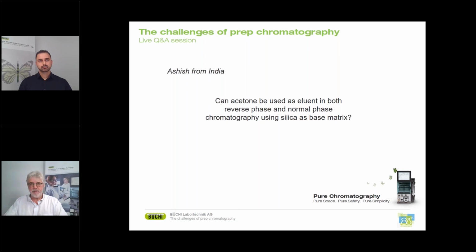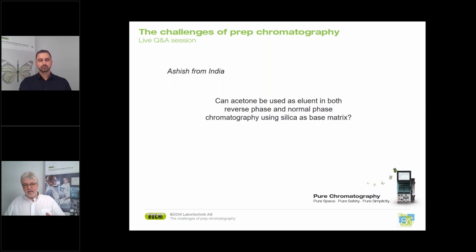I think it's around 300 nanometer or even a bit higher. Means that if you use the traditional UV detector, you will not see your compounds because everything will be masked by the absorption of the acetone. So from that perspective, I would say if you only have UV detection, acetone would be a no-go because you will not see anything.